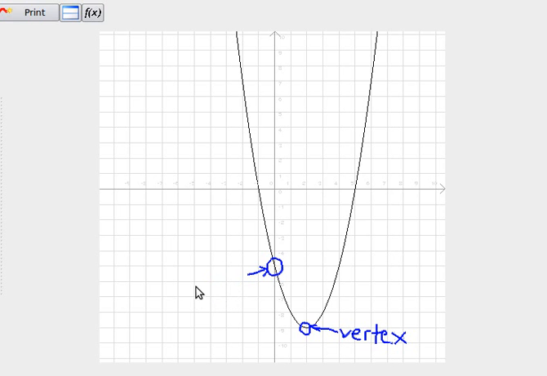So this is the y. Let's write that more to the left. Y-intercept. Okay, that's not the greatest writing, but it's not too bad. So similarly, we also have the x-intercepts. Here's one x-intercept.